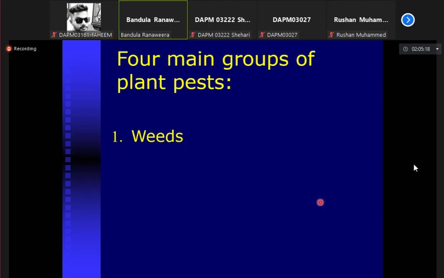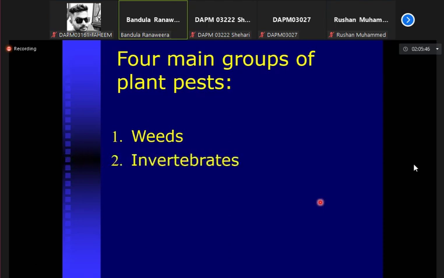They are also creating problems for plant production. Compared to the other groups of organisms, weeds are not actually creating a physical damage or physical hazard, but they are competing with the crop for the factors, inputs given to the crop.